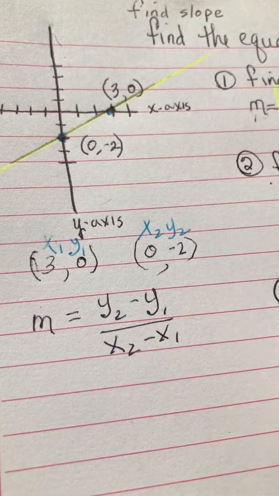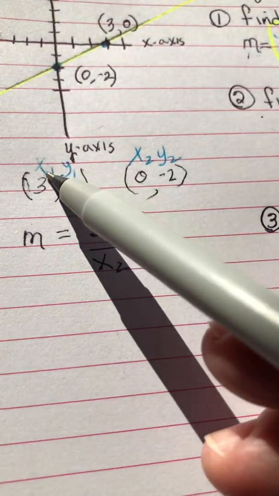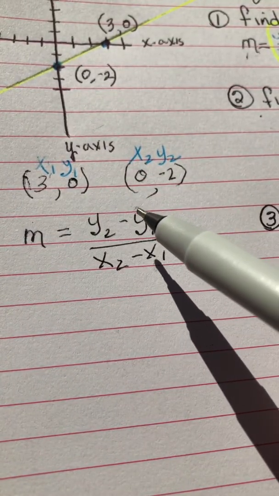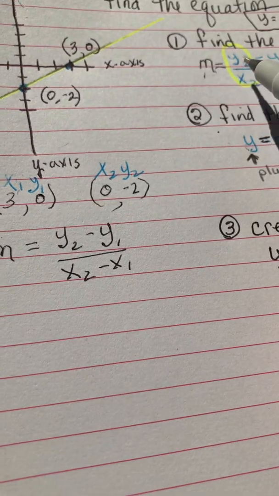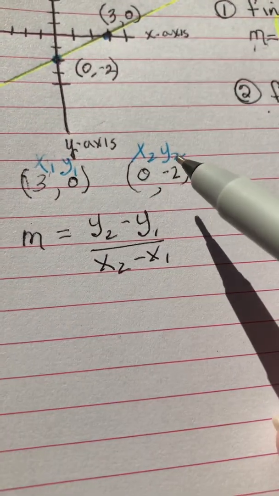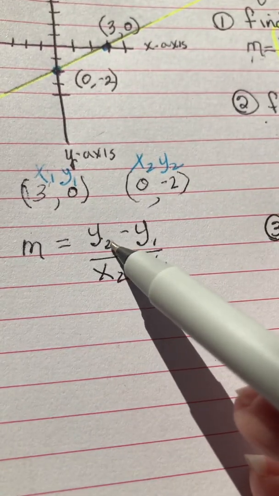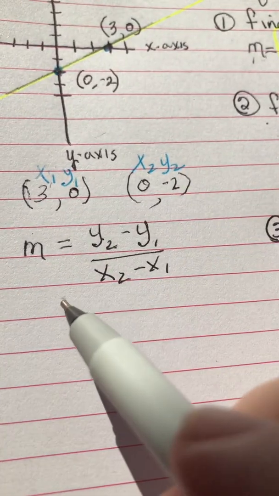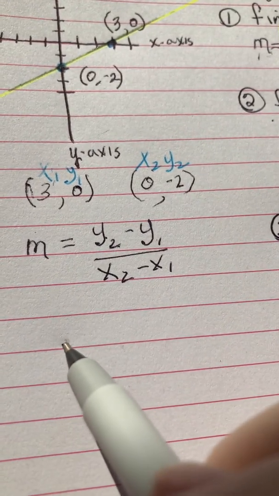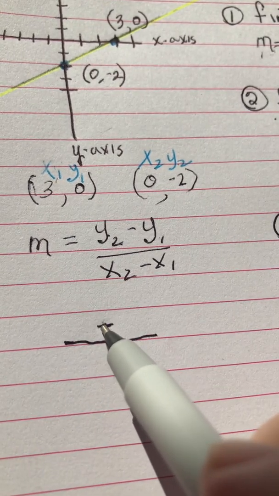And I really recommend, just for the sake of helping your brain not go crazy, put these labels above it, because it's real easy to get them backwards and mess it up, like I mentioned up here, how they have to come from the same set. So I always identify mine so I can help my brain work better. Anyway, the second y is -2. If the numbers are negative, sometimes it can mess up our equation if we're not careful.